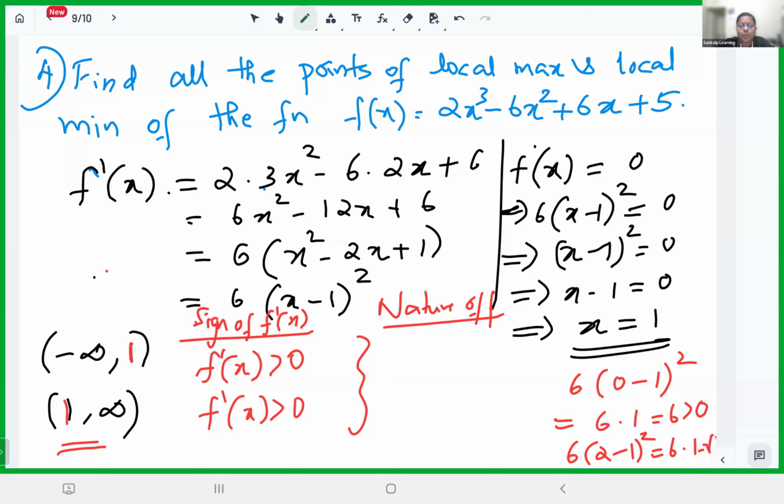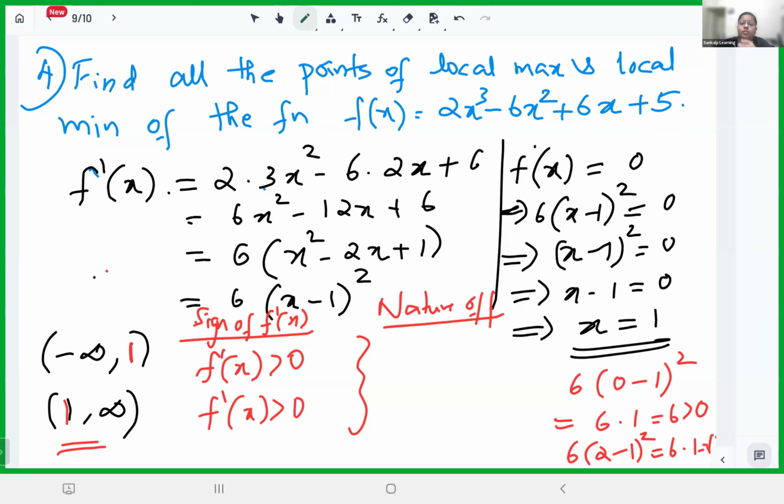So here, which point is a point of inflection? x equal to 1 was our critical point, but we have understood that the sign of f dash of x is not changing on either side of the point 1. On either side of the point 1, we can see that f dash is greater than 0, which means the function is not changing at the point x equal to 1, which means x equal to 1 is a point of inflection.